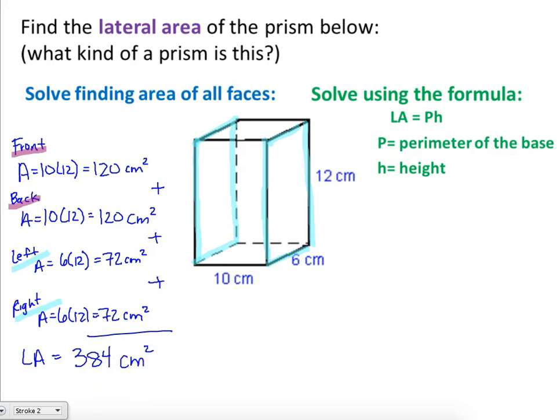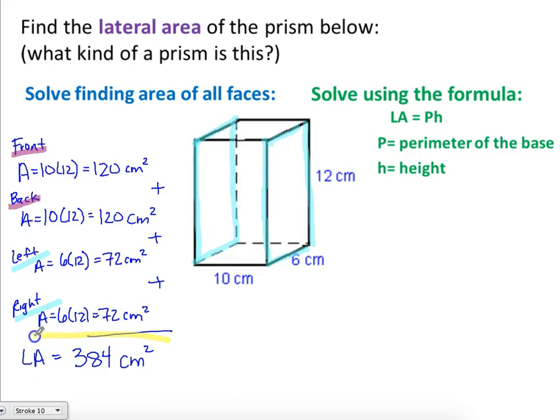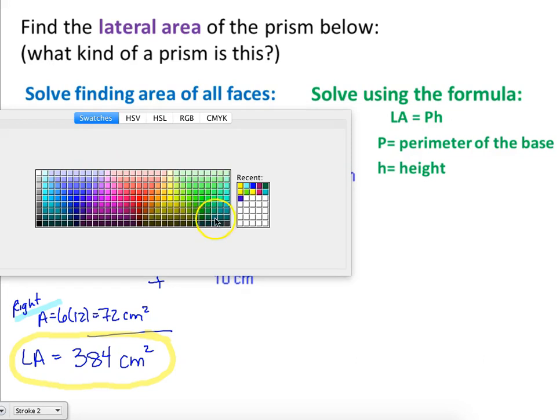Don't forget our units of measurement, and that is our lateral area. That's the first method, right? So now let's see if we like our other method maybe better, maybe it's quicker. Let's try it. Let's see if we get the same answer, which we should.